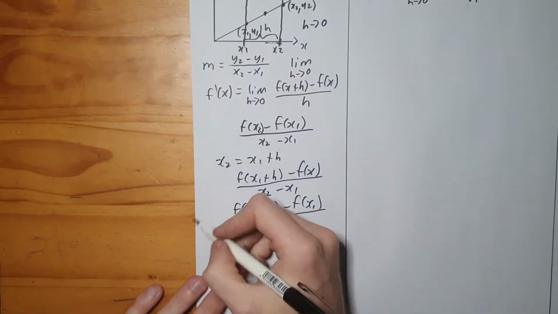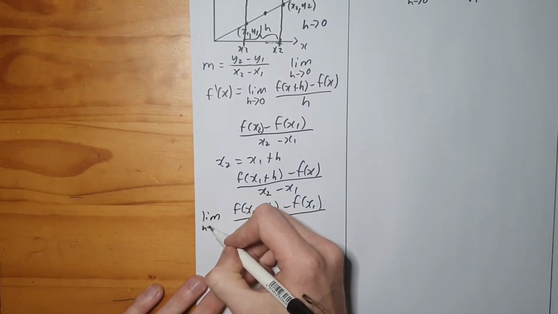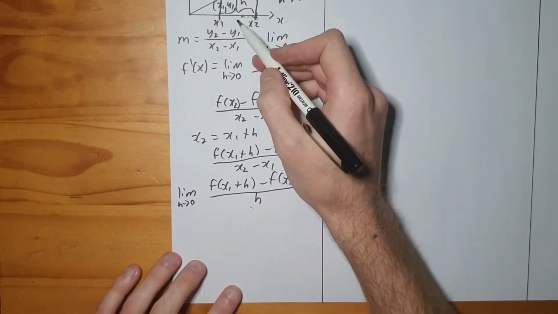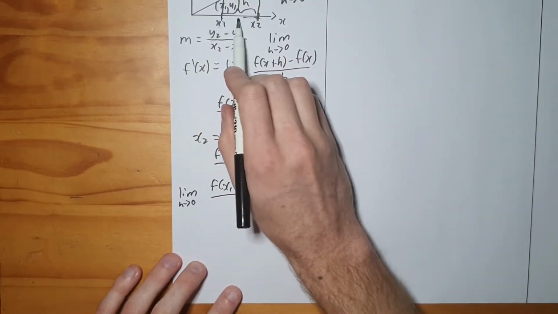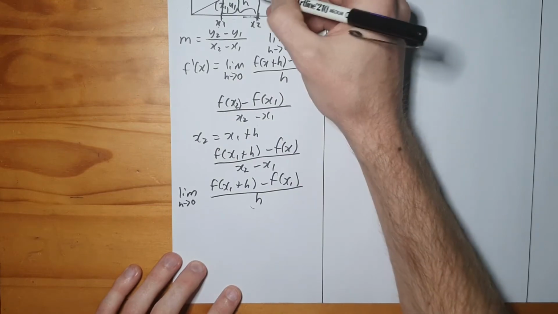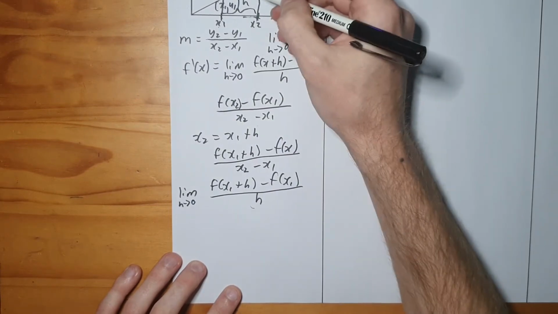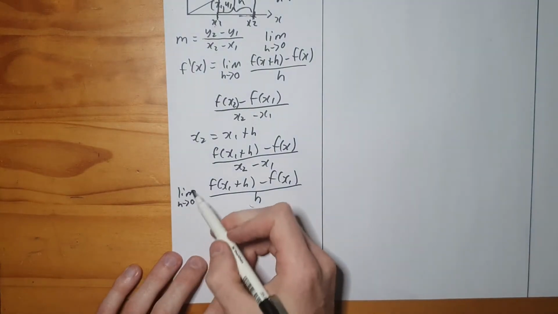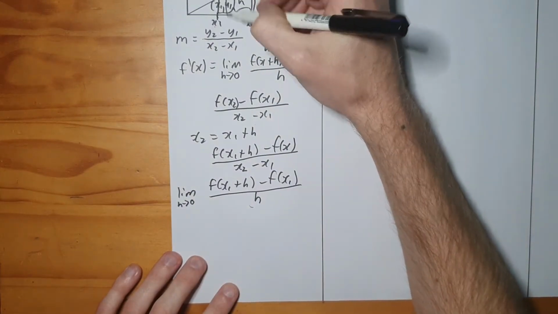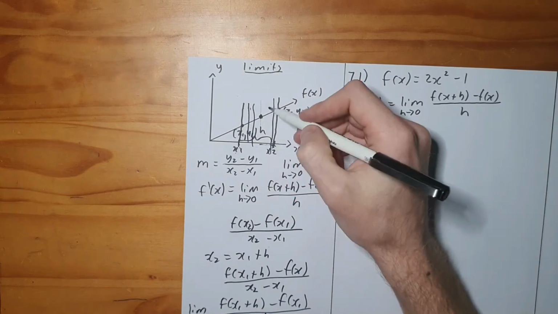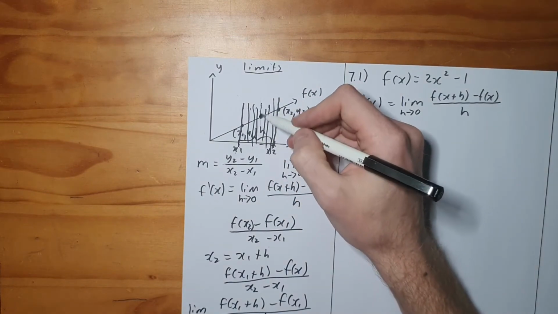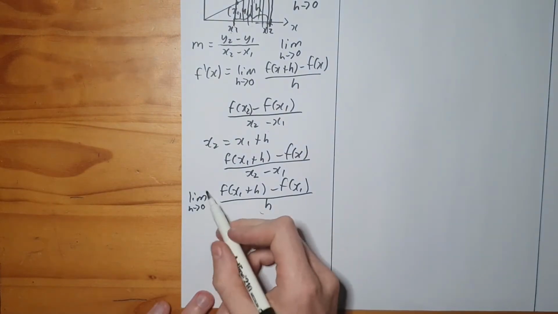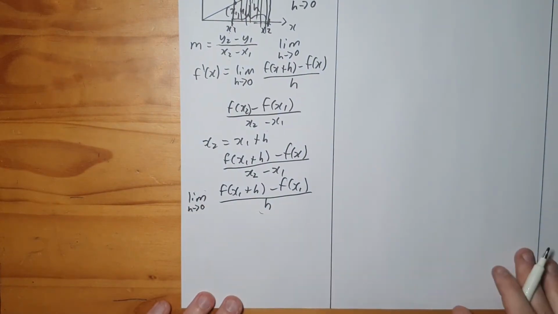That's why we take the limit as h tends to 0, because this interval h, which is the change in x, is decreasing almost to nothing, to a single point, and that's what we want to see: what the function looks like at that point. And that's how a limit works. So we're decreasing this interval all the way to the point where h looks like it doesn't exist anymore, and that's why we take the limit as h tends to 0.